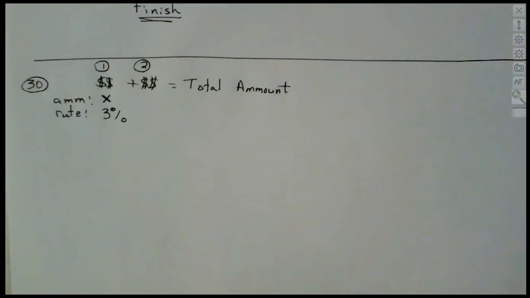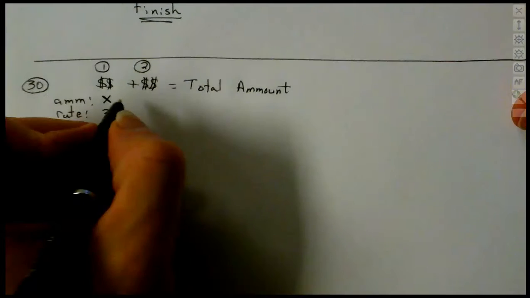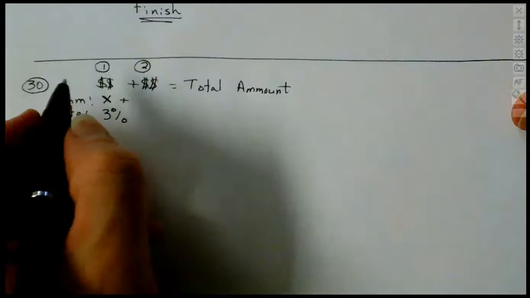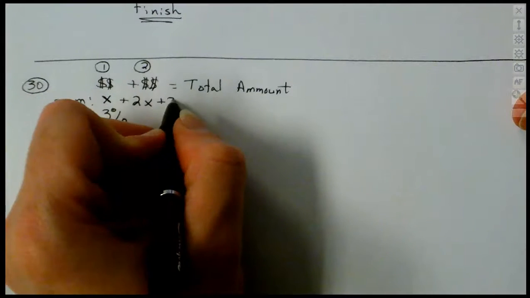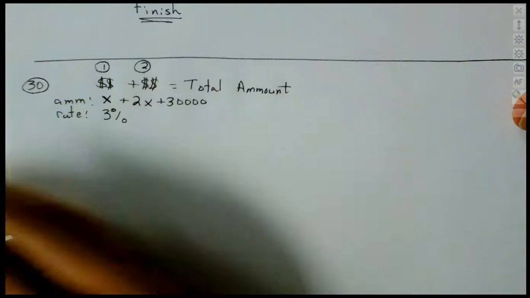Now we look at the next piece. And it says $30,000 more than twice that amount. So twice that amount would be 2x, and then we're going to add that $30,000.